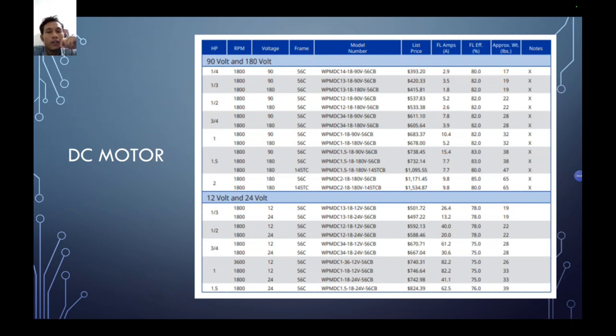It uses a DC 12 volt power supply, and it uses 40 amp. The efficiency is 78. The approximate weight is 22 lbs.